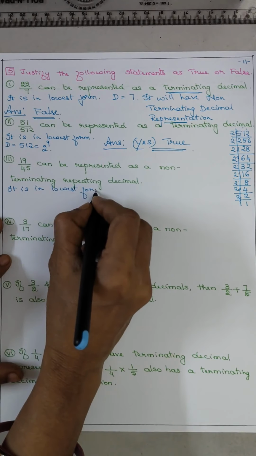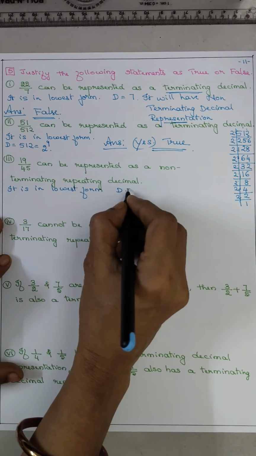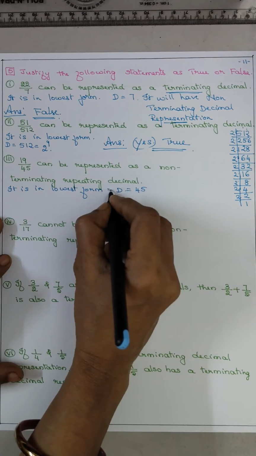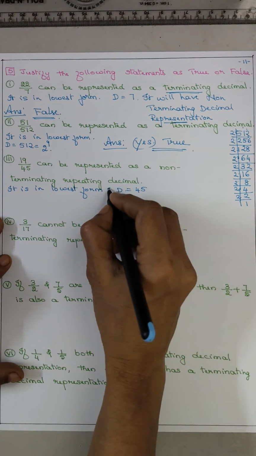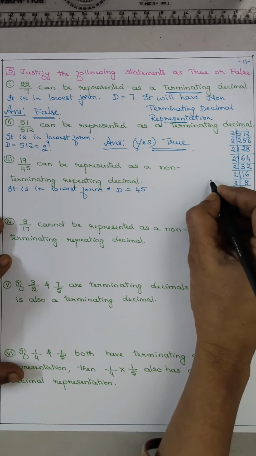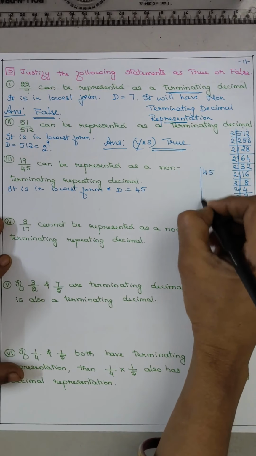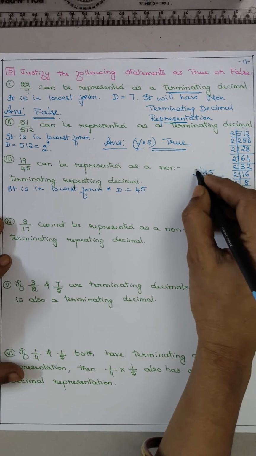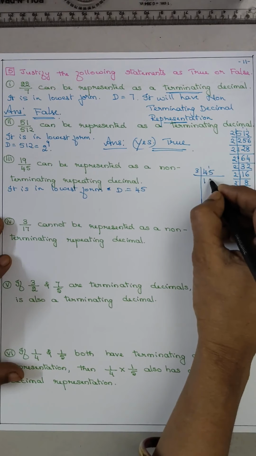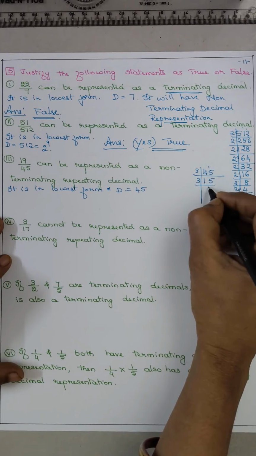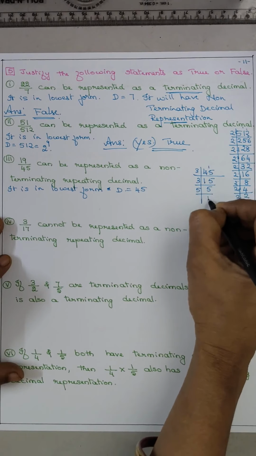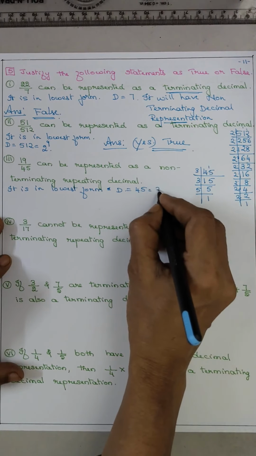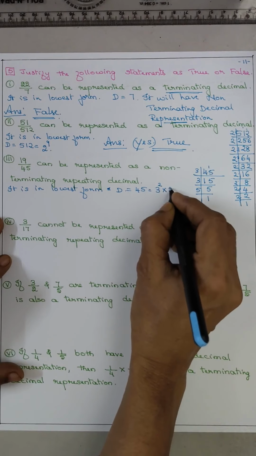The denominator 45 can be written as 3 square and 5.